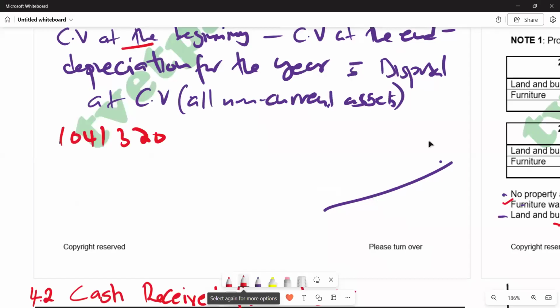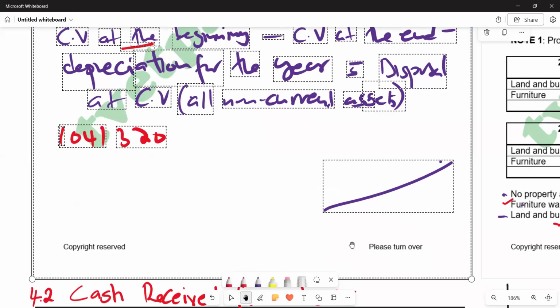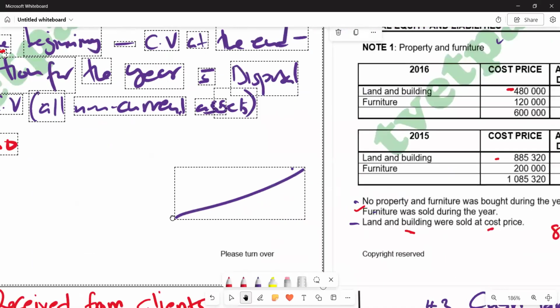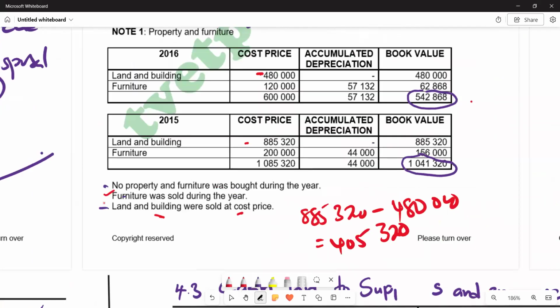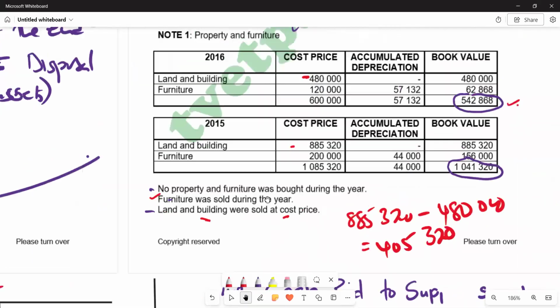So let's check the figure for carrying value at the end. If you come here, you see that the carrying value at the end is the one that we are given here, which is 542,868.